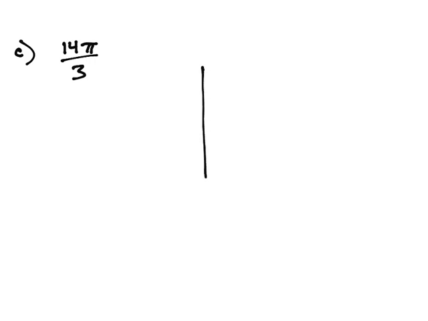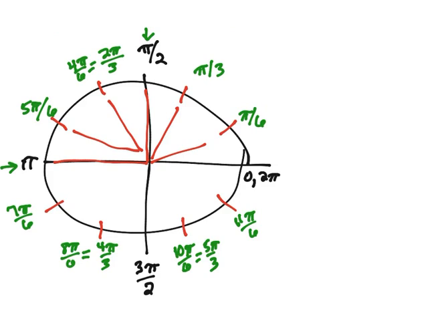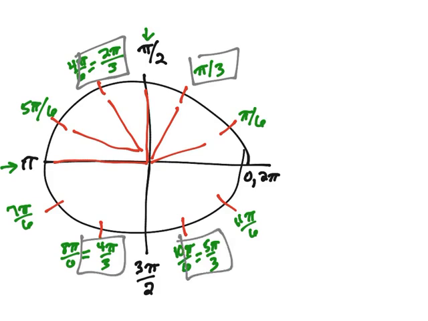Okay, now let's do it down here. I don't have to turn that into sixths and count it. If I count around the circle, the pi over 3's happen.